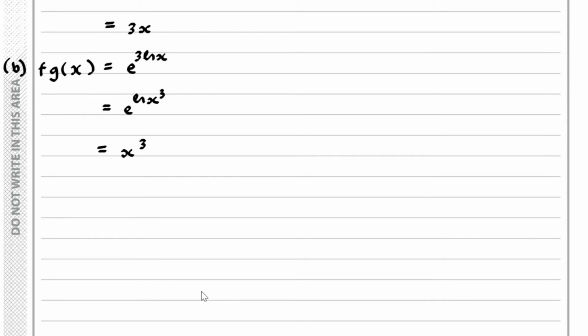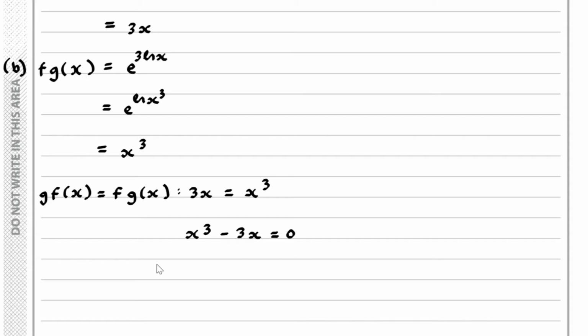And so if we have g of f of x equaling f of g of x, we have 3x equaling x cubed. So x cubed minus 3x is equal to 0.